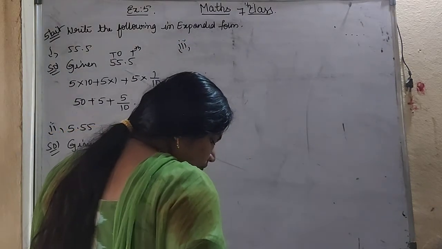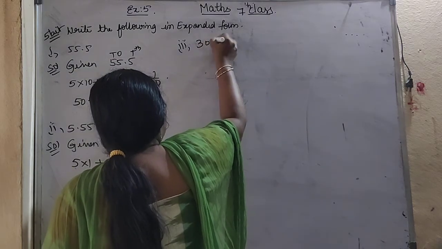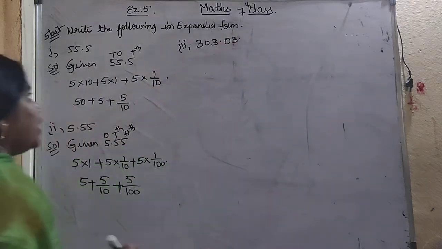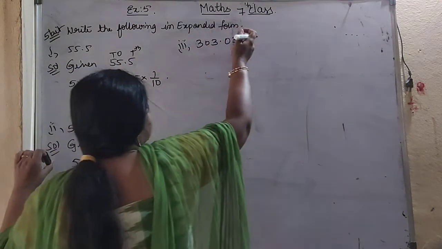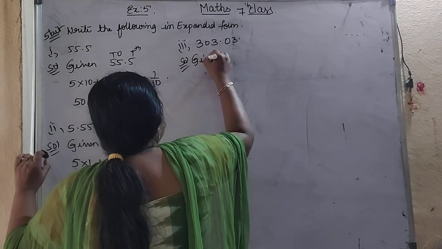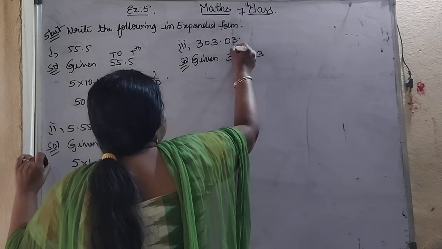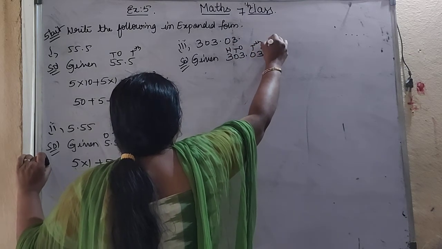Third one, 303.03. Again first write the place values. Before the point it will start from ones, tens and hundreds. After the point it starts from tenth and hundredth. So given 303.03, ones, tens, hundreds, tenth, hundredth.